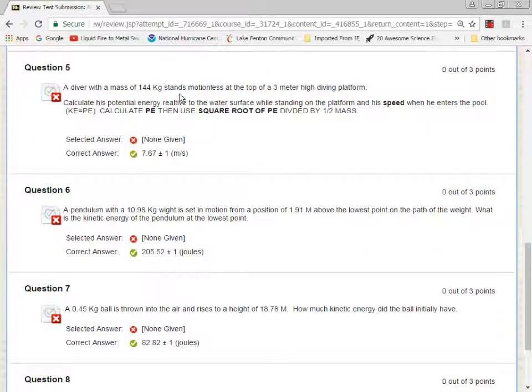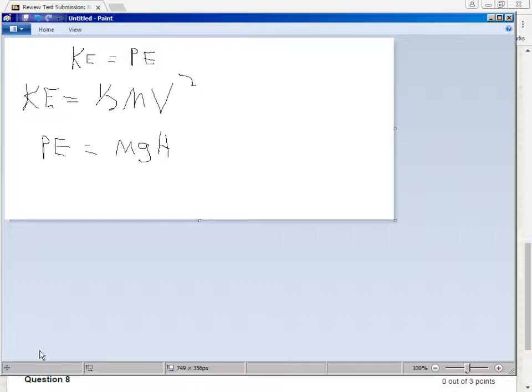Ladies and gentlemen, on number 5, a diver with a mass of 144 kilograms stands motionless atop a 3-meter high diving station. Calculate his potential energy. This tells you what to do: KE equals PE. Calculate the PE, which is mass times 9.8 times height.